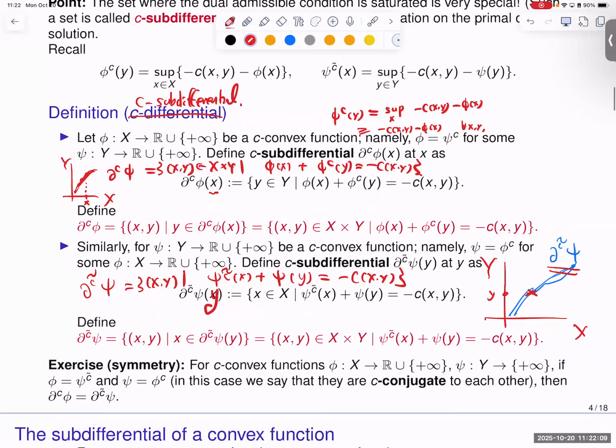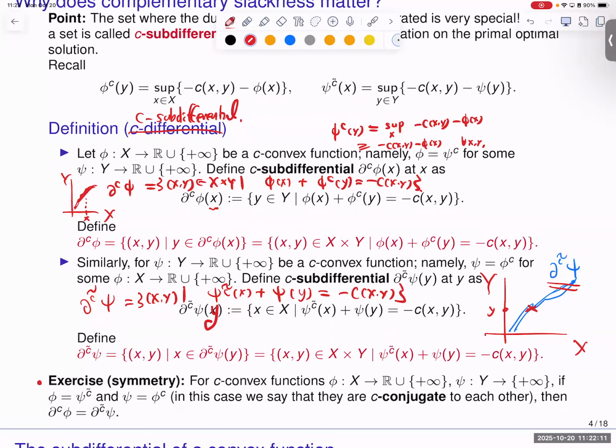Actually, a very easy but important exercise you want to do is the following. If phi is a C transform of psi and psi is a C transform of phi, like in our optimal dual solutions, then the C subdifferential of phi, which is a set in the product space, and the C subdifferential of psi, which is also a set in the product space, are equal.